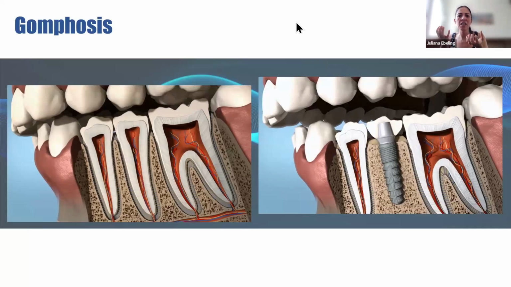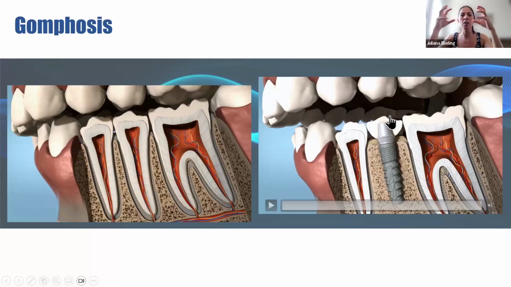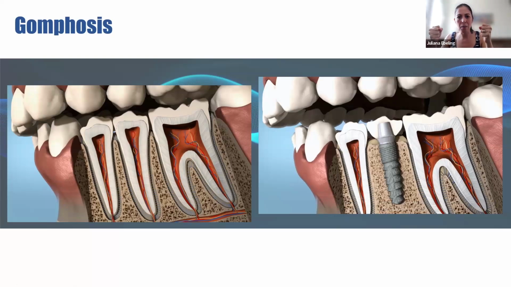This will reflect differently on this system, on how these forces will be spread through the ligament. For example, if I have a resin crown, this resin will absorb more of this force because the material is more resilient. But if I'm using zirconia, this is extremely hard, and all this force will be transferred to the root and the ligament.